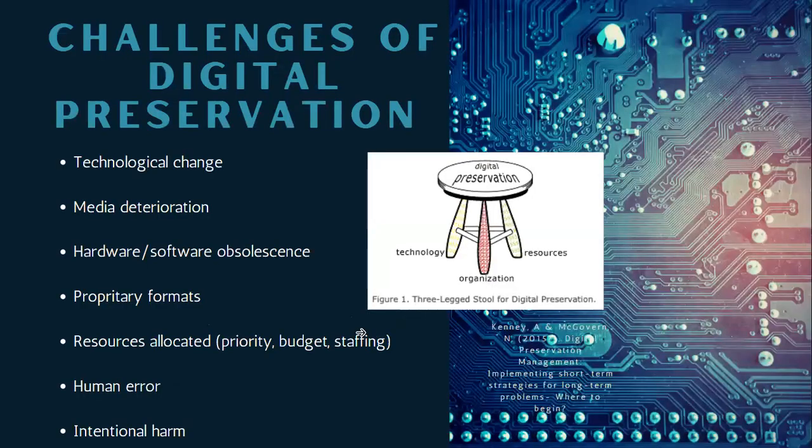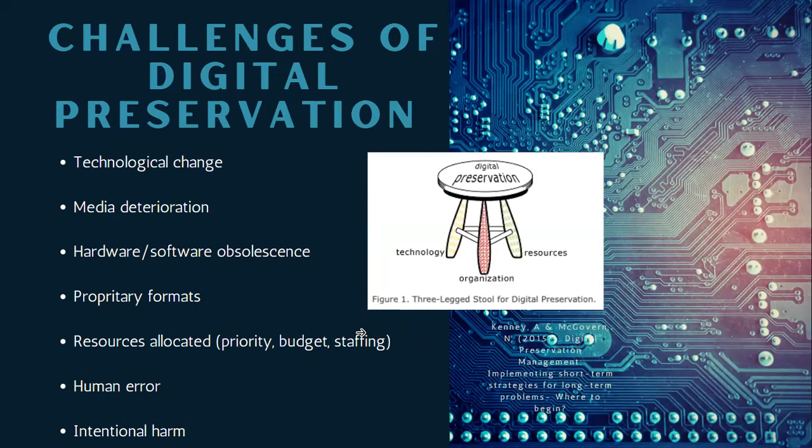So, challenges of digital preservation. This three-legged stool is a very, very popular thing. Pretty much everything in the digital preservation world for libraries and archives, at least, uses this three-legged stool.